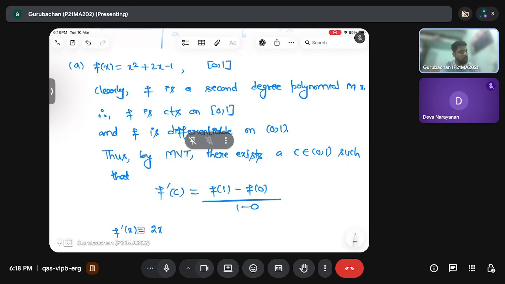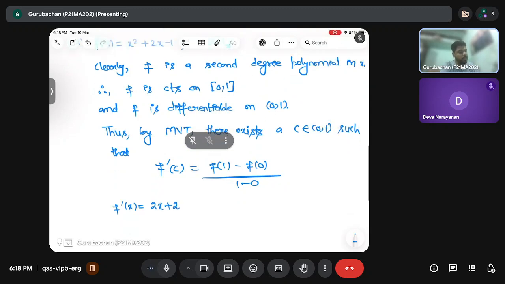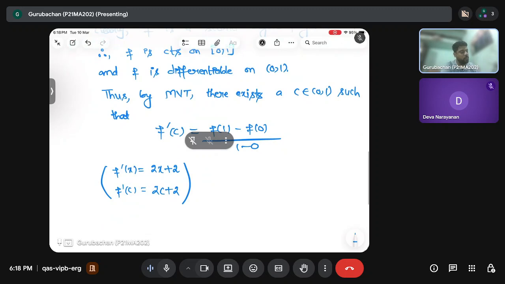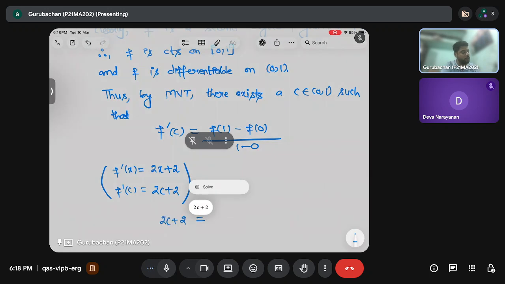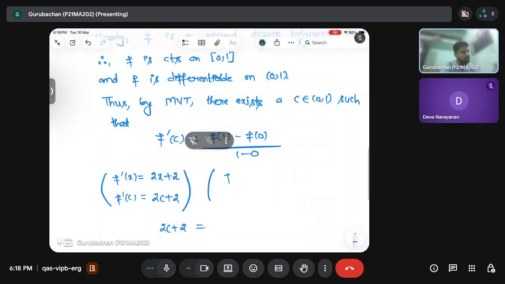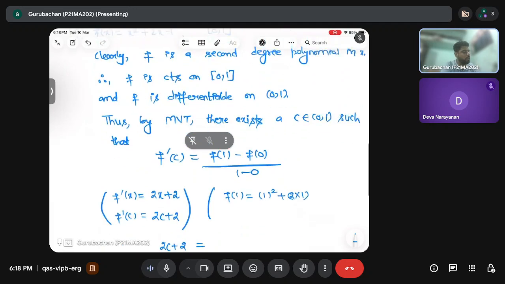It will be 2x plus 2, and f dash c will be 2c plus 2. f of 1 is 1 square plus 2 into 1 minus 1, so this is 2, whereas f of 0 is minus 1.